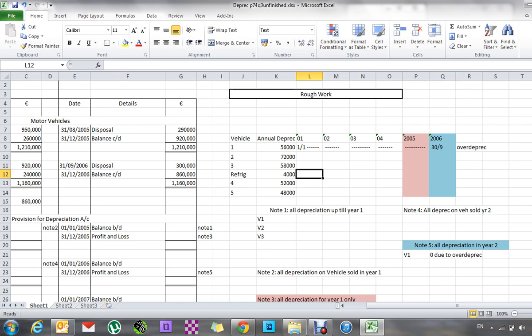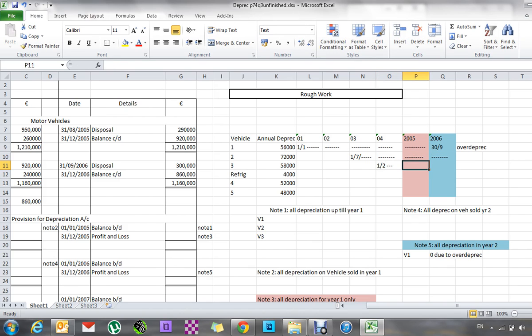Now, moving on to the next one. Vehicle number 2, I bought on the 1st of the 7th, 03, and I would have had that for all of 04. It doesn't say anything about me getting rid of it in 05, and the same for 06, so I still had it at the end of 06. Moving on to vehicle number 3, I bought that on the 1st of the 2nd, 2004.